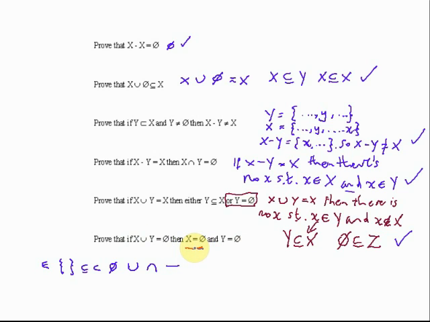Let me just put that in red. And moreover, there is nothing in Y, which is to say that Y is empty. So if there is nothing which is in either X or Y, then both of those sets are empty.